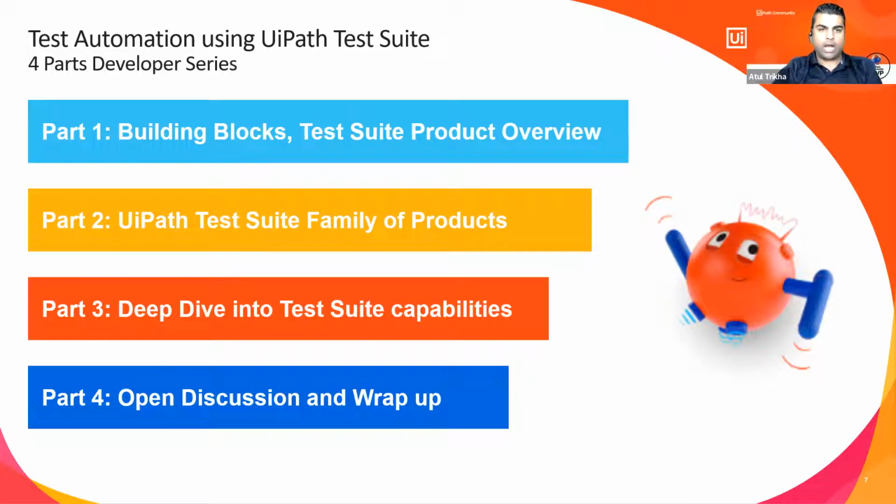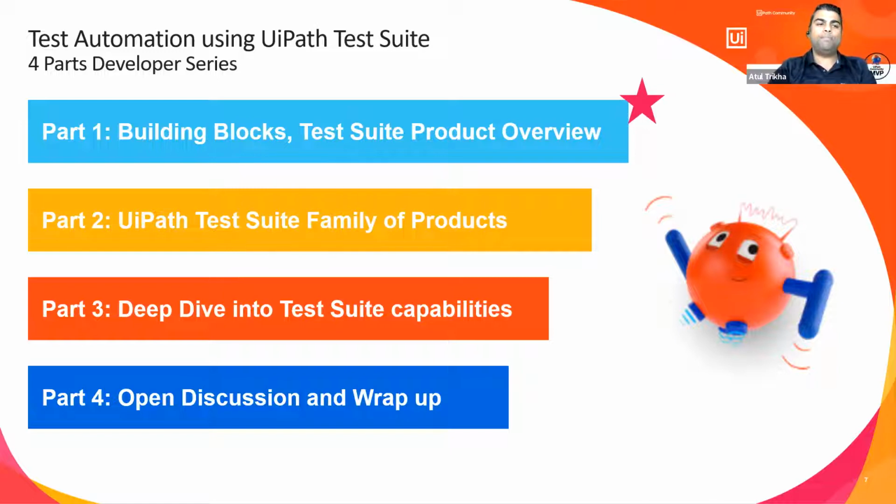This is going to be a 4-part series, and we are starting with the building blocks. The first part is today. We will start with the very basics of test automation, and then give a test suite product overview. In the next 3 events, you will get familiarized with the family of products for the UiPath Test Suite.